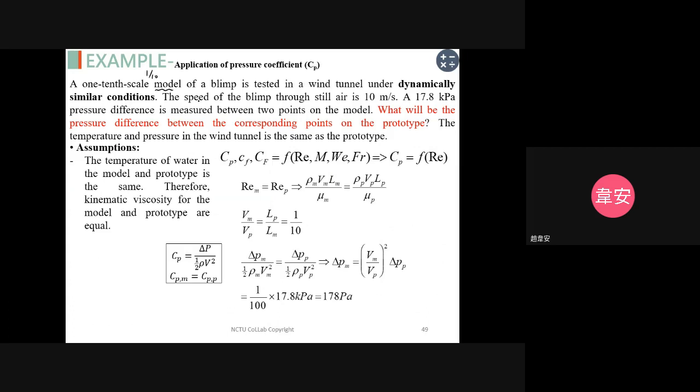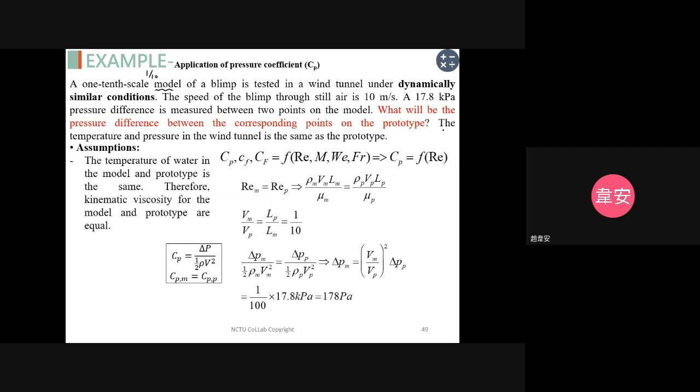The speed of the air is 10 meters per second, and we have a pressure difference of 17.8 kilopascals measured between 2 points on the model. The problem is what will be the pressure difference between the corresponding points on the prototype.